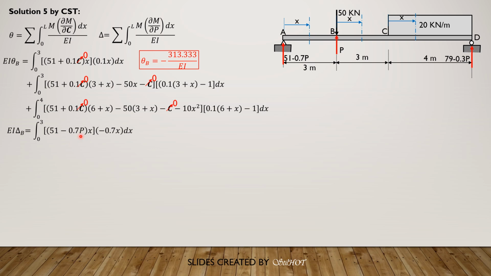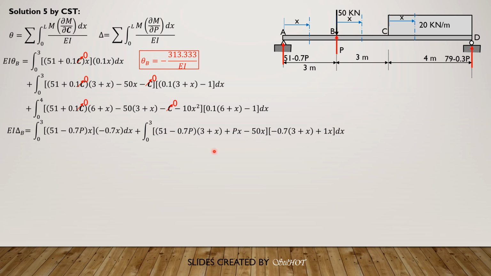The derivative of the equation is negative 0.7x dx plus integral 0 to 3 of 51 minus 0.7p times 3 plus x plus px minus 50x. So we have plus px here. The derivative is negative 0.7 times 3 plus x, derivative of px is x, or 1x.